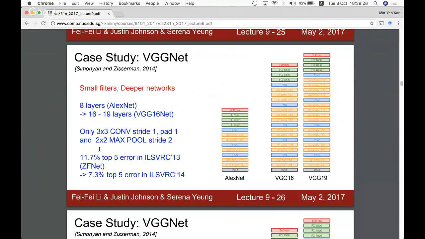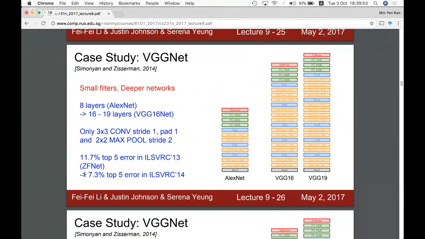They just stack these smaller filters on top of each other to get a deeper network. It got an error percentage of 7.3 in comparison to 11.5 of 2013, which was the ZFNet.